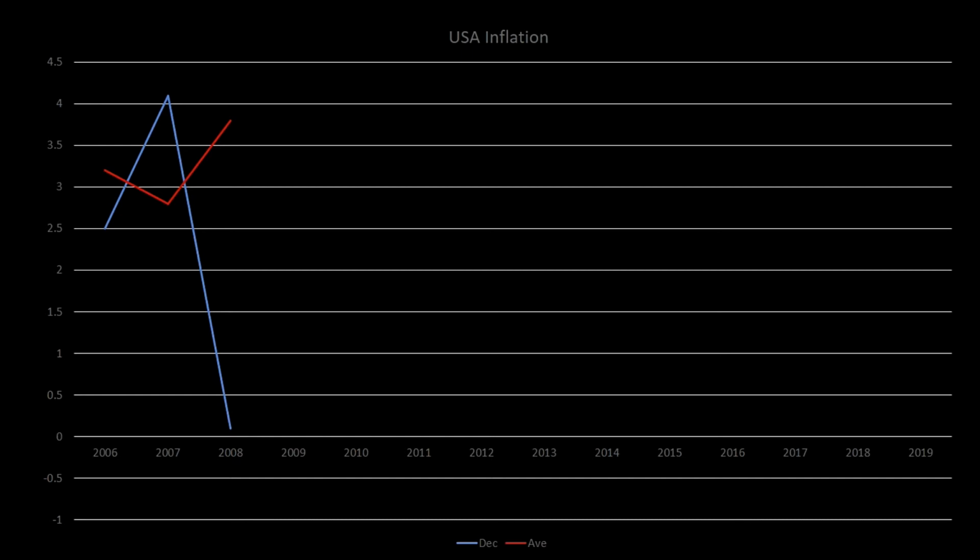The financial crisis took place in 2008, didn't it? So why is the average so high, 3.8, and the December inflation rate so low? That is because the market crashed in September. It was really high throughout the entire year and it drove down at the end.